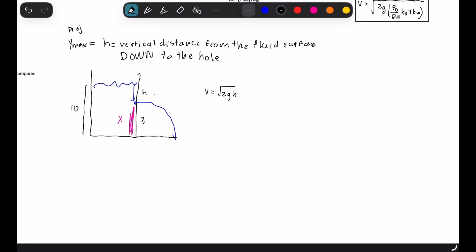So let's make this 3, and then let's make this 7. It's not drawn to scale, but H would be equal to 10 minus 3 equals 7 meters. So then that would be what you plugged into the equation, 2g times 7, not the 3. So this would be our answer.